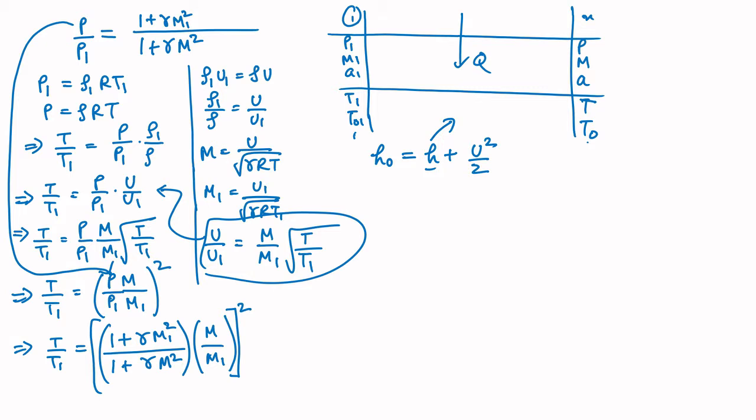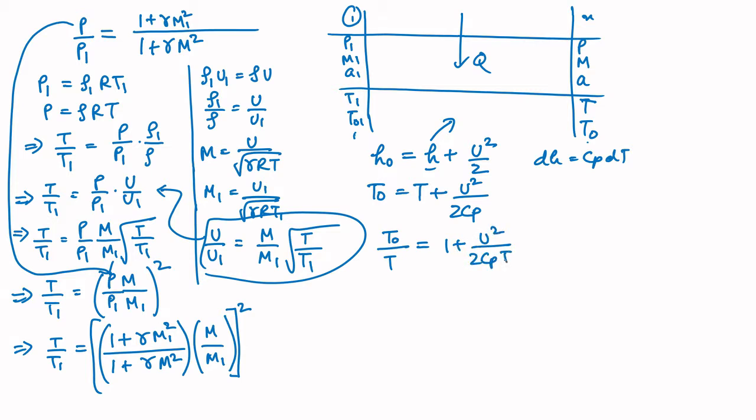Now, we can of course write dH is equal to Cp dT, and we can write T0 is equal to T plus U square by 2 Cp. Then T0 by T is equal to 1 plus U square by 2 Cp T. And of course, if you remember, Cp is equal to gamma R by gamma minus 1.